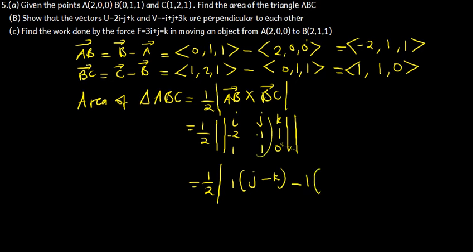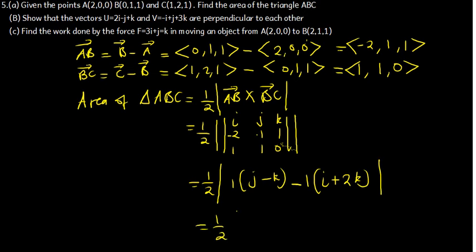Remove the row and the column. The matrix which remains has these elements, so I find their determinant. That is going to be j minus negative 2k, so it just becomes positive 2k. The last one is a 0 there, so I don't even need to find the determinant because it's going to give me 0.